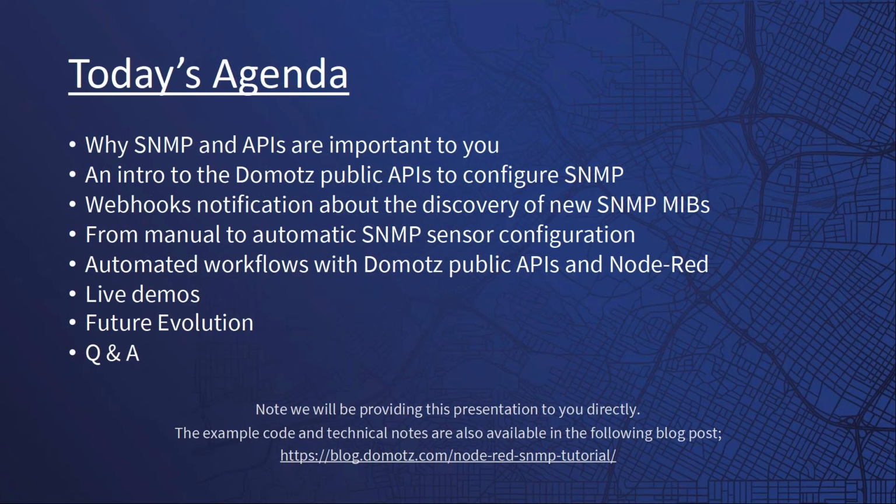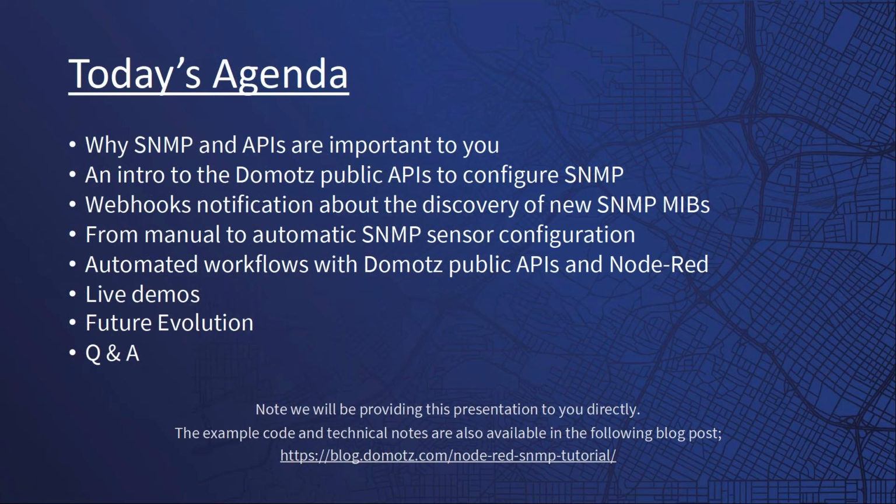I do, of course, want you to pay as much attention as possible, but in the end, we're going to be sending this out to you, and if there's something you want to go back and look over, you'll be able to do that. Like we did before, we're going to talk about why SNMP is valuable. We're also going to look at APIs. We talk a lot about the Domotz APIs and how we leverage them. There are key benefits to doing that, not only from SNMP being able to interrogate the devices on the network, but also then using the Domotz APIs to extract that information into the applications that you need.